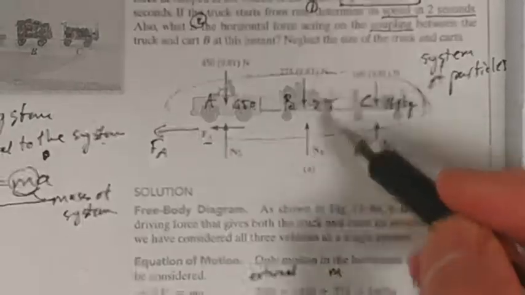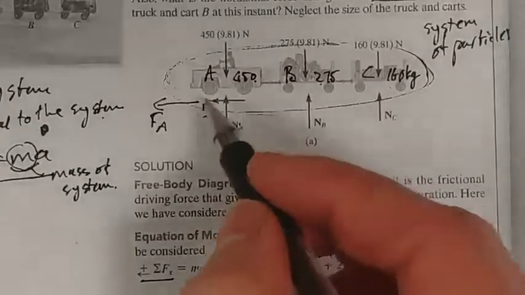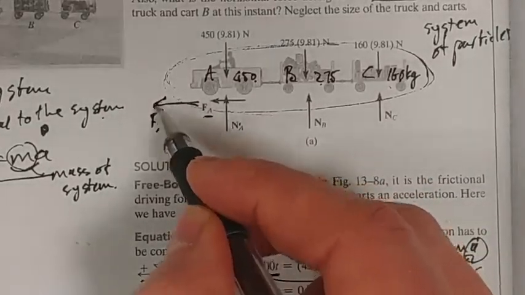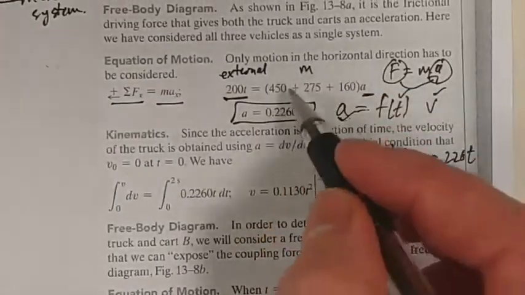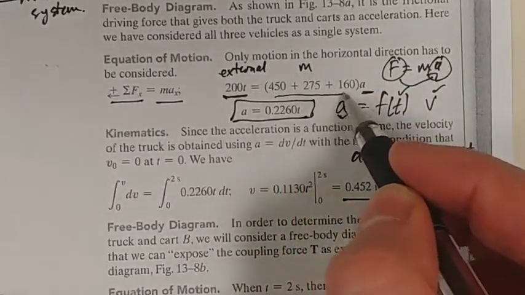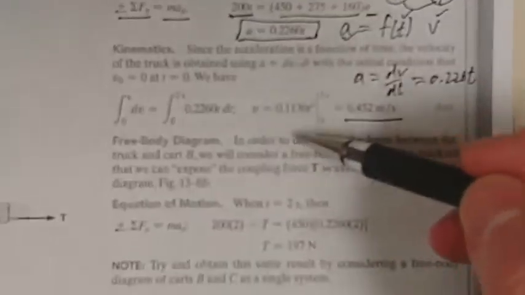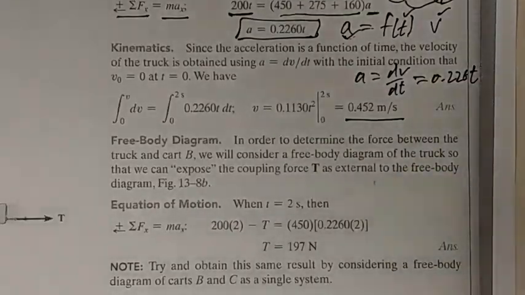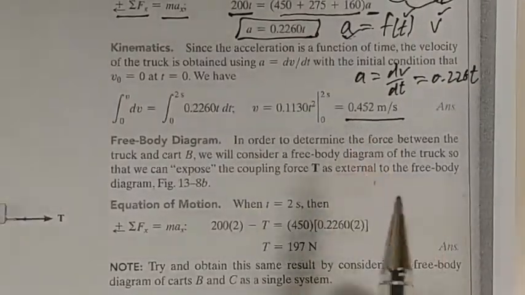As you can see, all these forces are external, but because we're going in the horizontal direction, we are only concerned with this external force, FA. And then what is the mass? It's the mass of the entire system. And then we solve for A, and we can use kinematic equations to solve the rest of the problem. Now, that's part A.